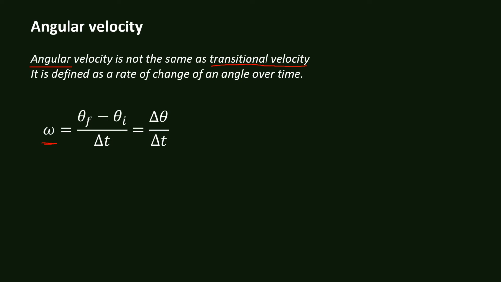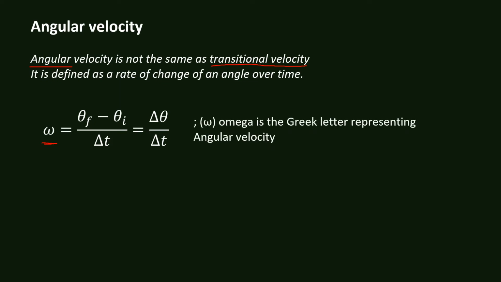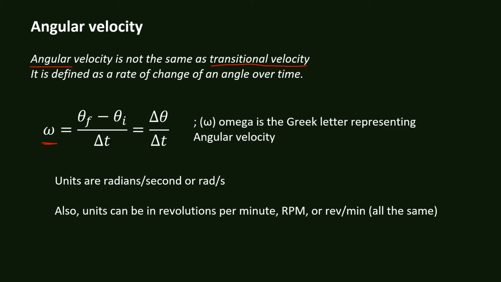The omega stands for angular velocity, the change of displacement between initial and final theta divided by that time frame. What we work with is in units of radians per second, or rad per second, and that will be the unit of angular velocity.